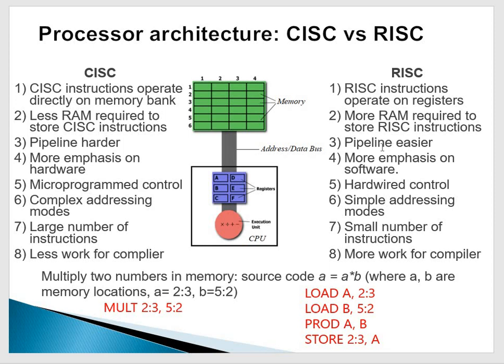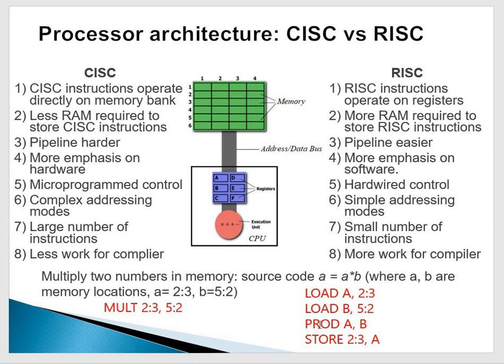Okay, so pipelining for RISC is easy because we can see what the role of load A 2 3 is. It will only load the data of address 2 3. During the execution of this instruction, it will only read the data from the external memory. So it does fetching and memory read only. The next one again does fetching and memory read.